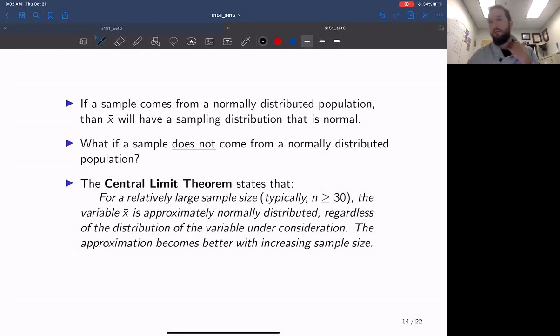So basically, the central limit theorem gives us a rule by which we can say the sampling distribution of X bar is normal no matter what population we sample from. This is a very powerful rule because it allows us to assume normality for the sampling distribution regardless of where we sample from, as long as we collect 30 or more observations.